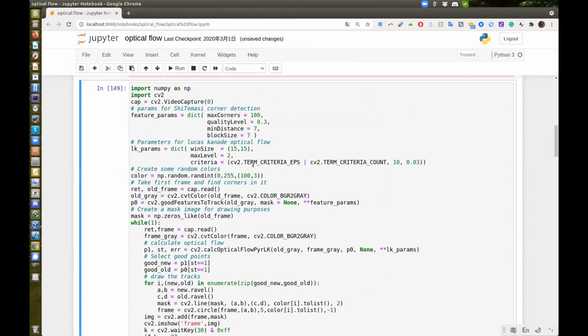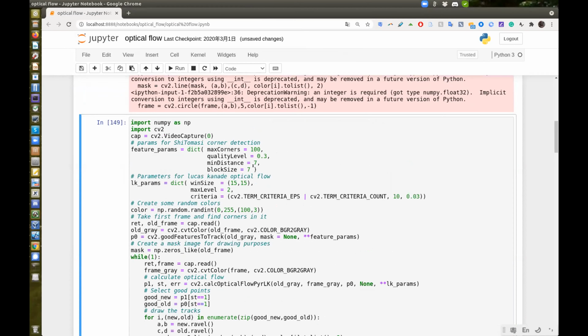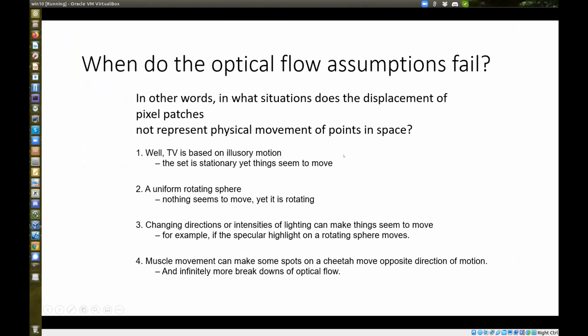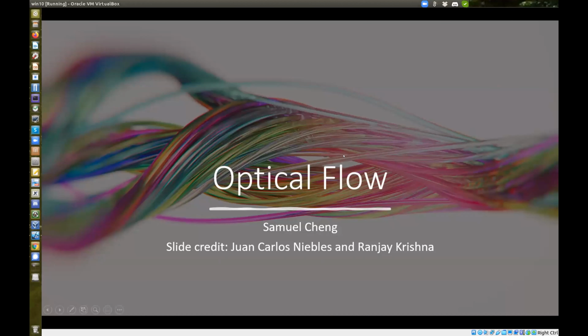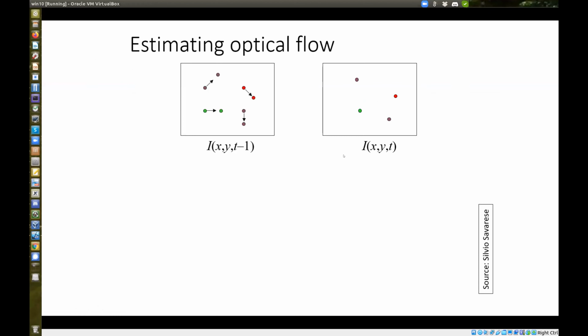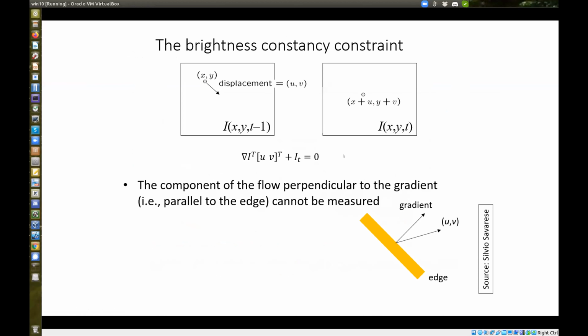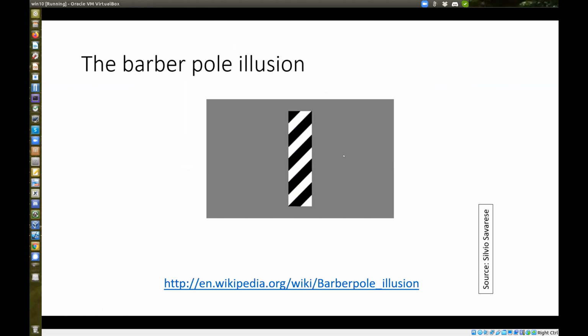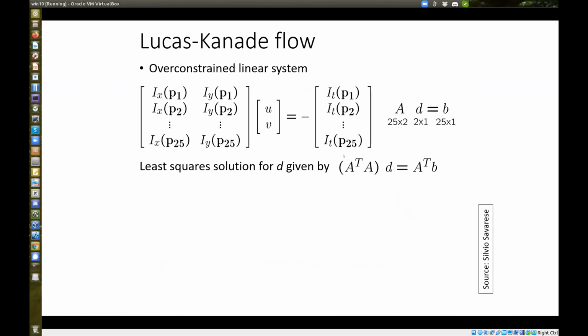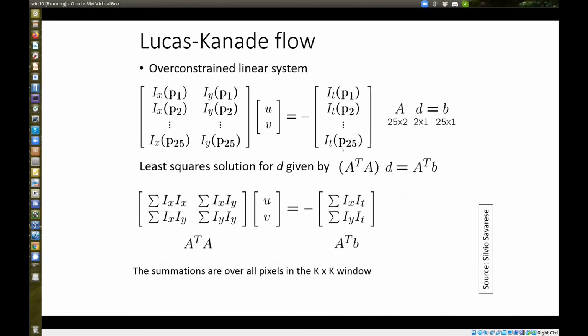If you remember, for the Harris corner detector, that's the M matrix. Yeah, you remember it's basically this matrix here.